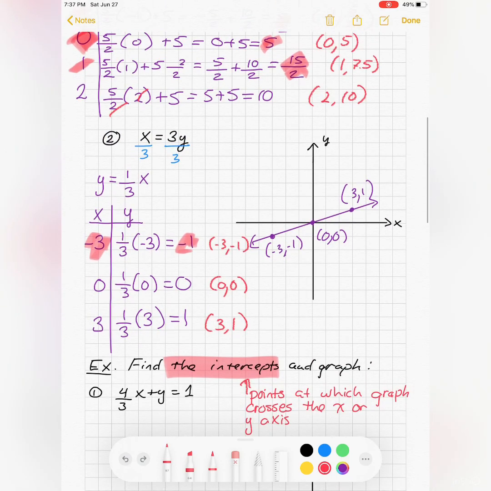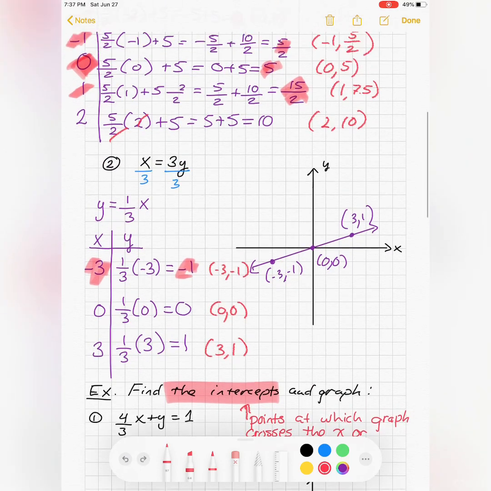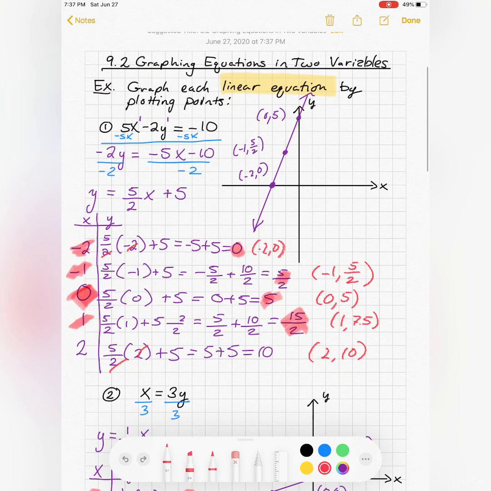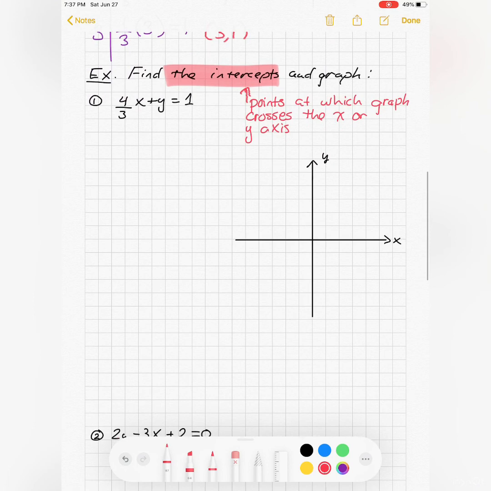So let me look back at a couple of these other ones. So this guy has an x and y intercept at the origin. This guy would be a y-intercept because it's on the y-axis. This guy would be an x-intercept because it's on the x-axis. Okay, so if my goal is to find the intercept, let me start with the x-intercepts.